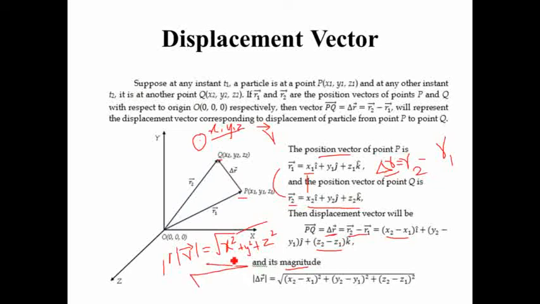So it is the representation of the magnitude. For this case, the x value is x2 minus x1, the y value is y2 minus y1, and the z value is z2 minus z1. So for magnitude, it is the modulus of del r, which is simply the root of (x2 minus x1) whole square plus (y2 minus y1) whole square plus (z2 minus z1) whole square.